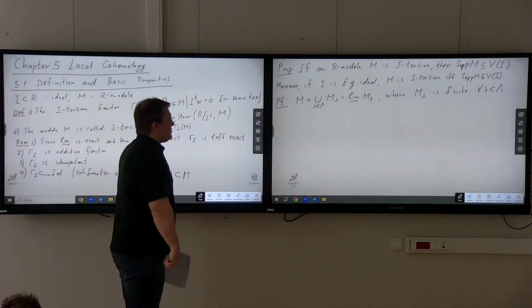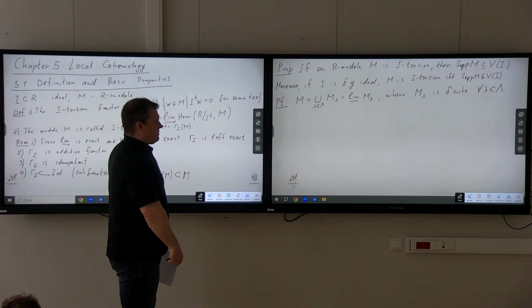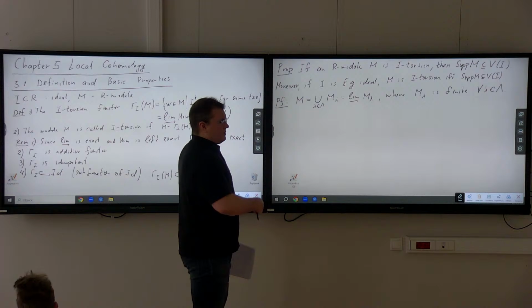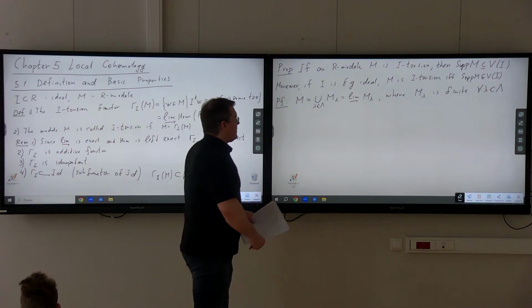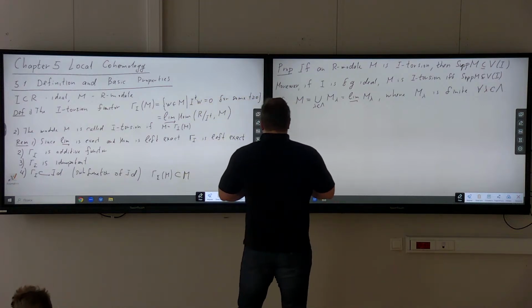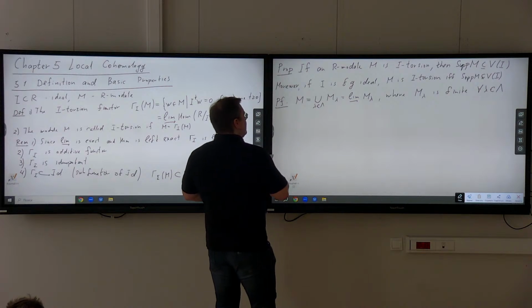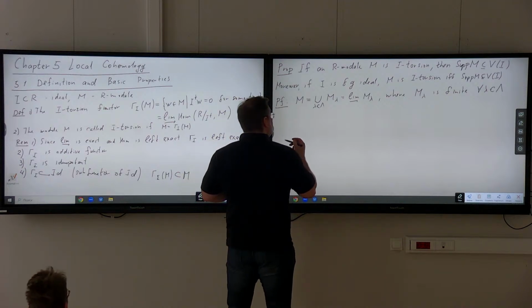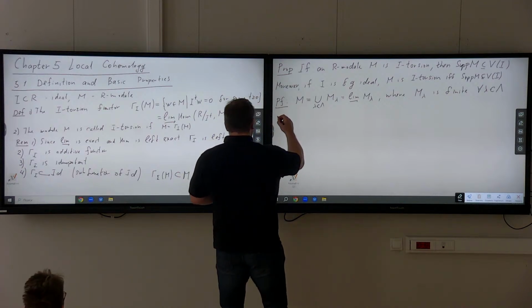Well, I think this is quite easy to show. Just choose the generators and consider the module generated by the first and second, third, etc. Kind of this induction by cardinality. Okay. Now we have two simple observations.